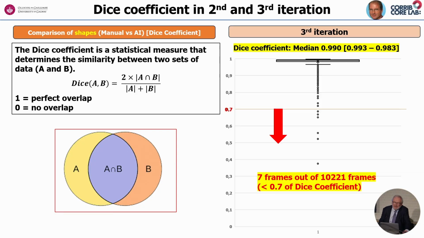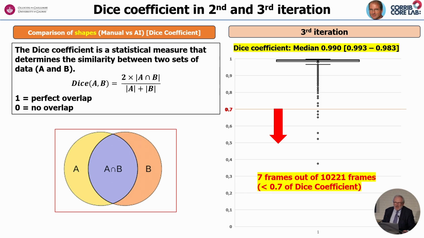Because what you apply in AI is what we call the dice coefficient between the second and third iteration, every time we give information about the OCT that we have seen. And the dice coefficient is a statistical measure that determines the similarity between two sets of data. If it's 1, it's perfect. If it's 0, there is no overlap.